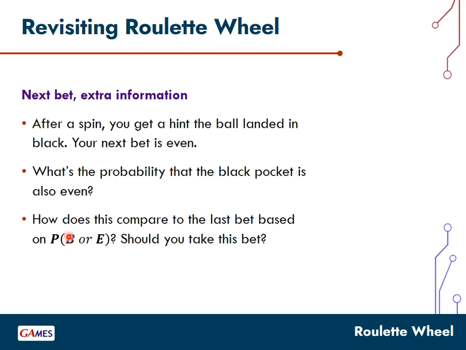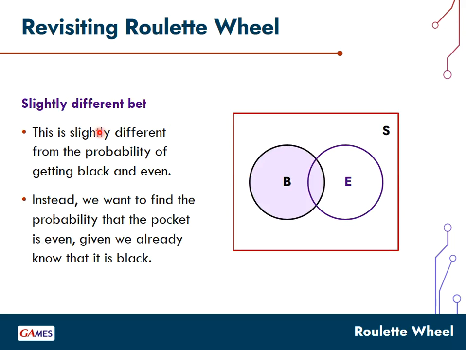Now, yeah, so what do we do here? We need to make some slight changes to what we have in the sample space. Okay, what you're simply doing here is you are going to be considering a new sample space.